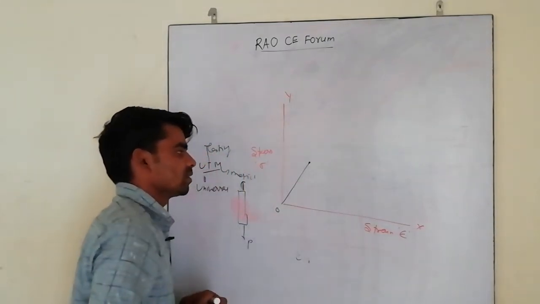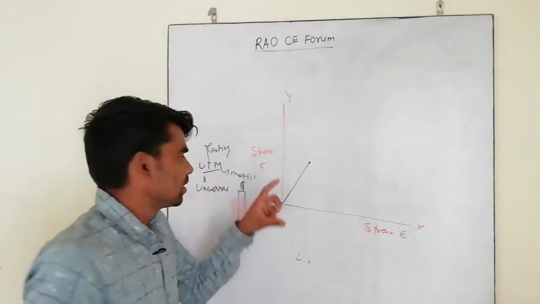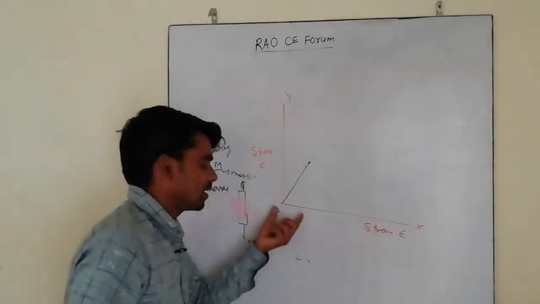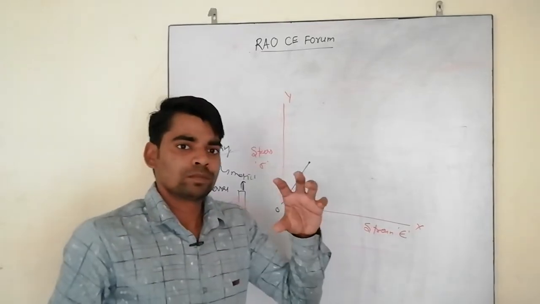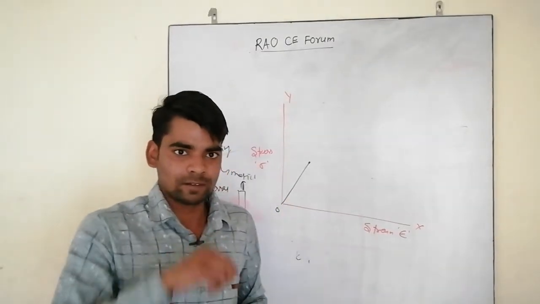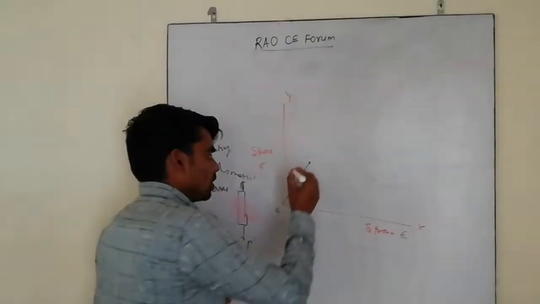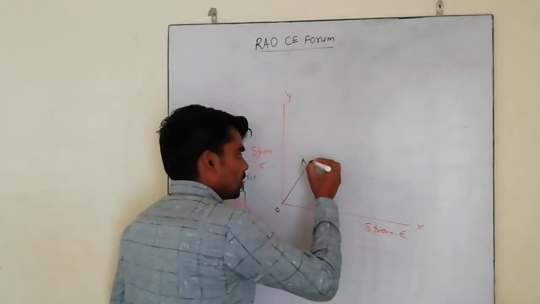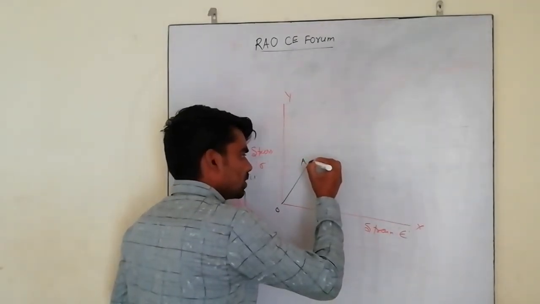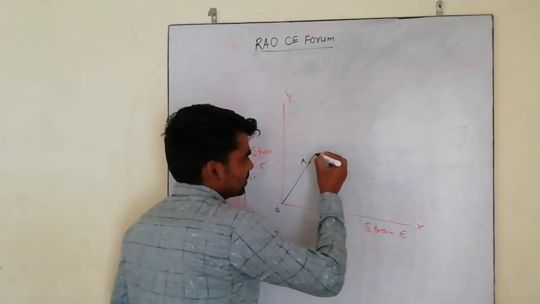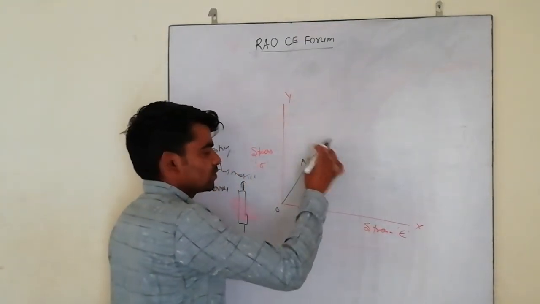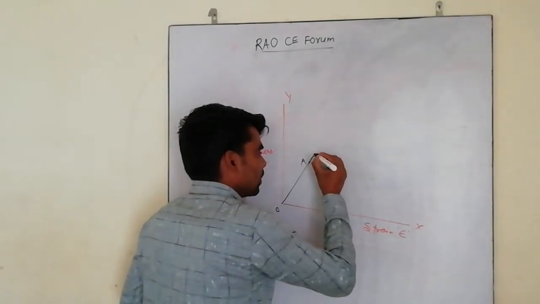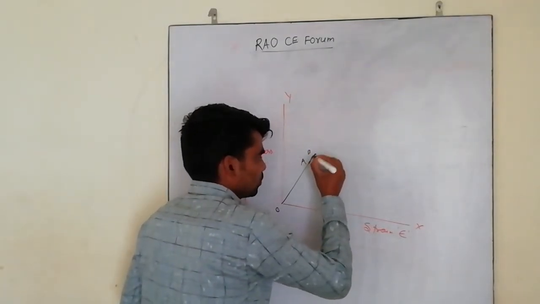Proportional means when the ratio of two variables is constant, then we can say this shows proportional behavior. O to A, then A to B, with increase in stress, A to B has a slight slope, not pure linear, and this is point B.